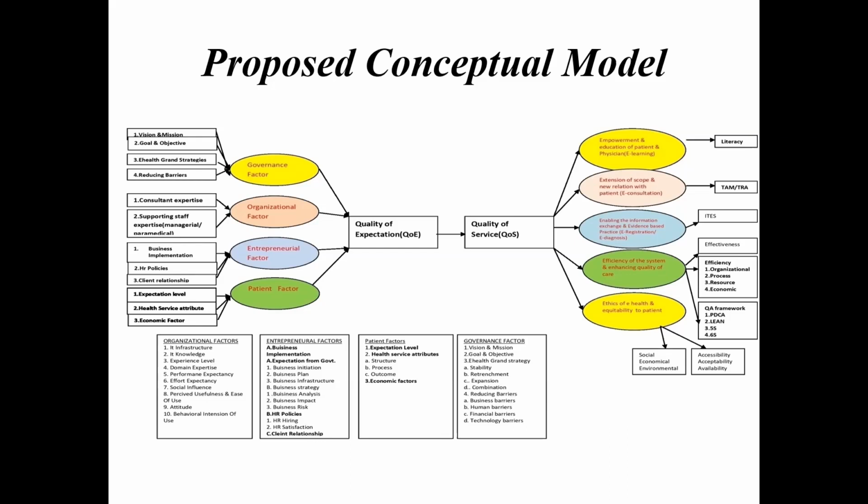The governance factor includes vision, mission, goal, objective, e-health grant strategies, reducing barriers, supporting staff expertise, whereas the entrepreneurial factors consist of business implementation, HR policies, client relationship, and the patient factors: expectation level of patient, health service attribute, and the economic factor of the patients.